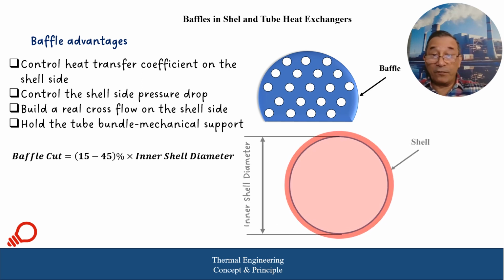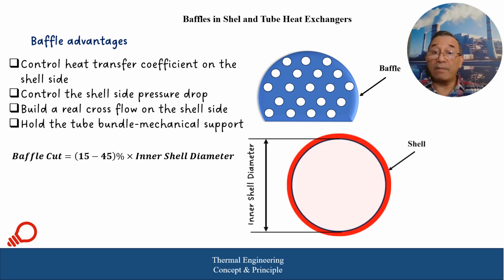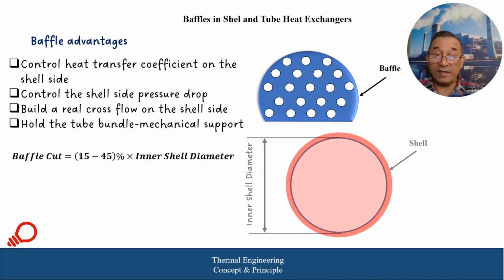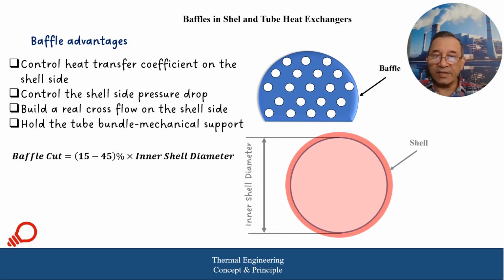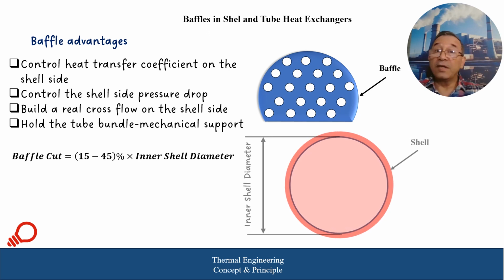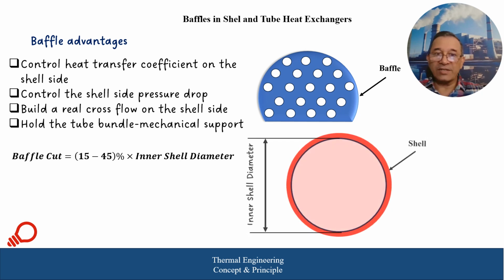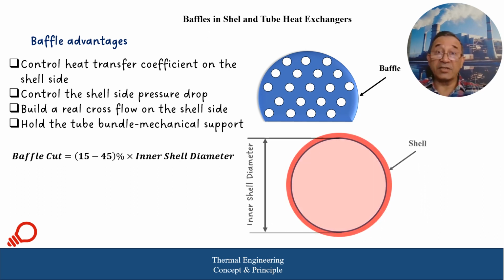If we control the baffle, then we have to think about a baffle cut. The baffle cut usually ranges between 15 and 45% of the inner shell diameter. The choice of the baffle cut depends on the nature of the fluid on the shell side and on the purpose of that heat exchanger, such as cooling, heating, or condensation.